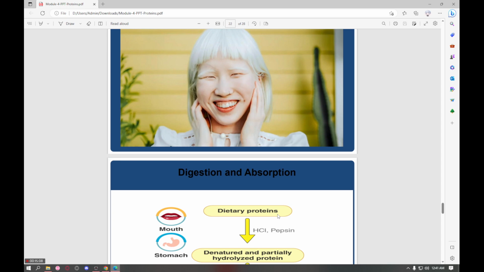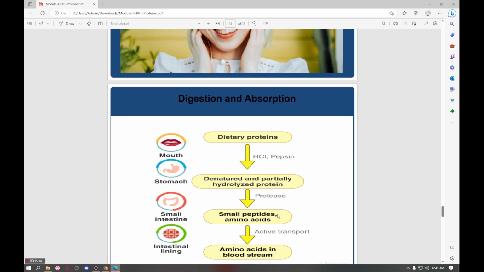How about the digestive process of your protein? So same with your carbohydrates. If we take food into our mouth, it produces an amylase, the salivary amylase. But aside from your salivary amylase, it needs an enzyme which is present in your stomach.